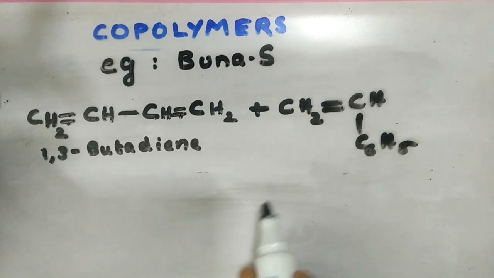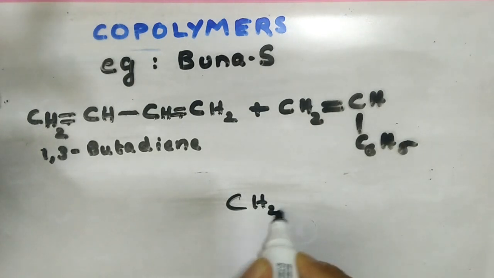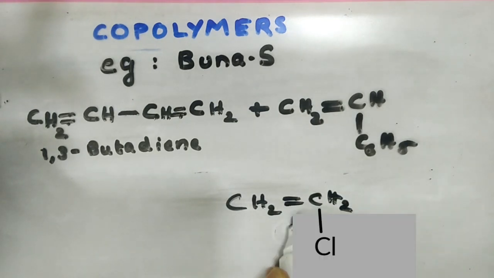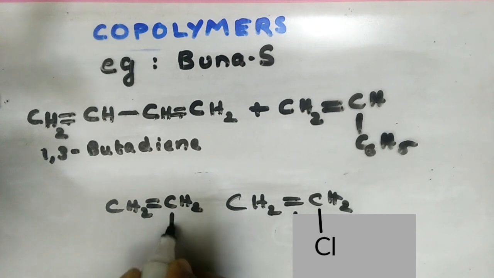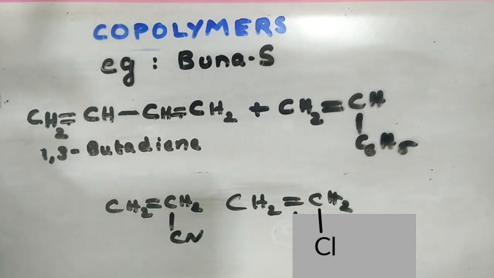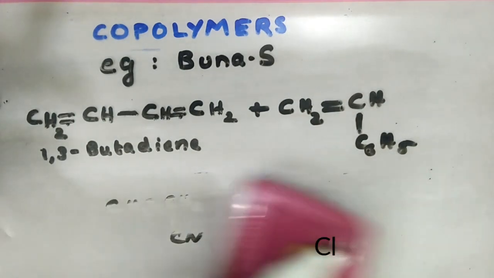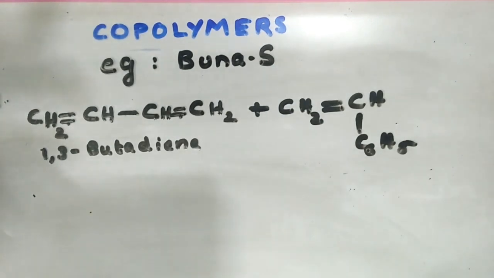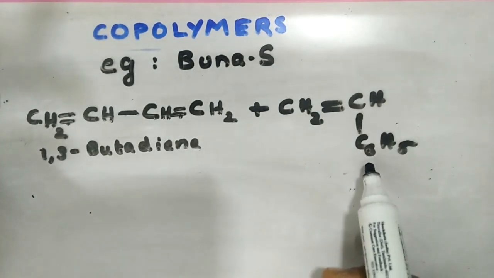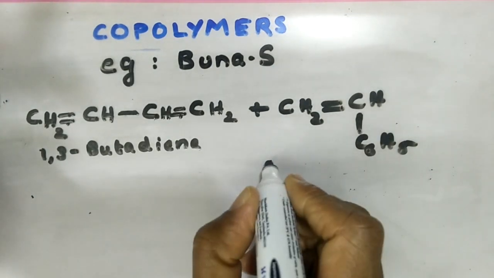And if you write CH2=CH-CN, that is acrylonitrile. Polyacrylonitrile is there now, and this is the monomer for that. I am simply saying here CH2=CH-C6H5, that is styrene.